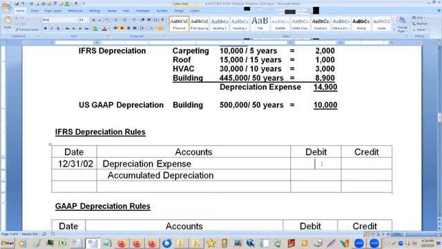All right, so the IFRS standards would be 14,900.